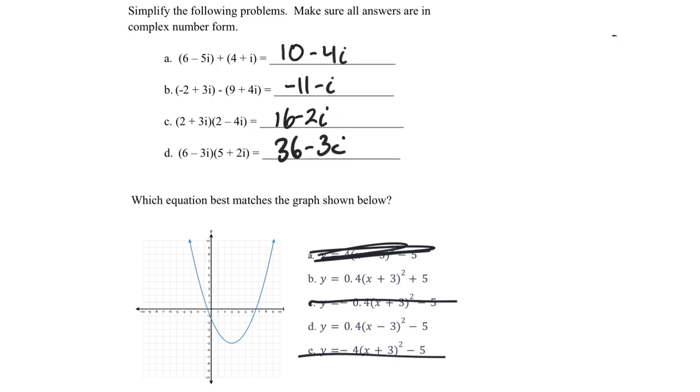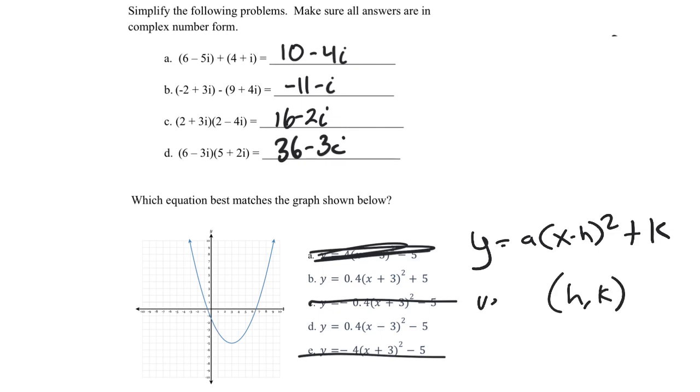But then I have to use my vertex form. I have to say, okay, well, if I look at it, y is equal to A times (x minus h) squared plus k. And specifically, I'm looking at h, k for the vertex.